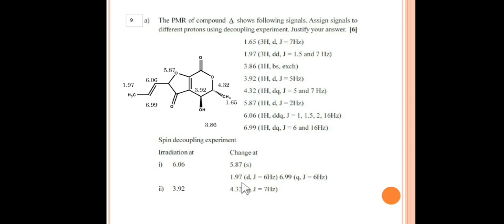And the proton at 1.97, that is this methyl group, was previously a doublet of doublet, now it becomes only a doublet because its coupling partner is irradiated. This is how our assignment is confirmed.